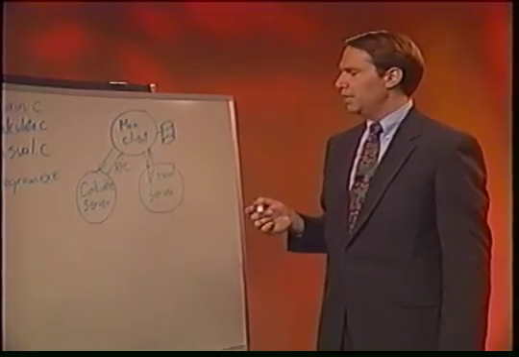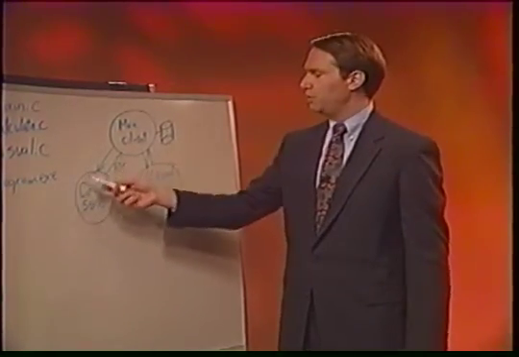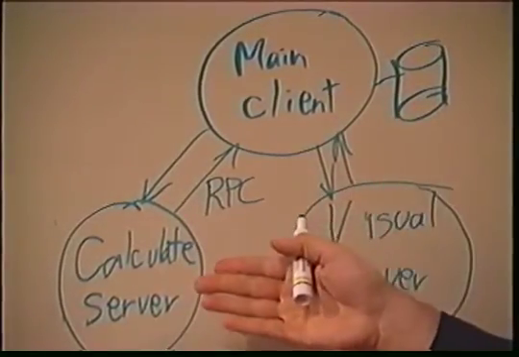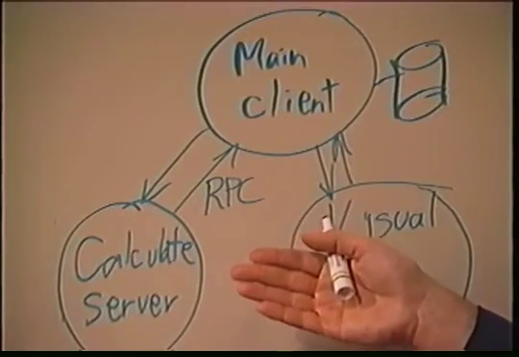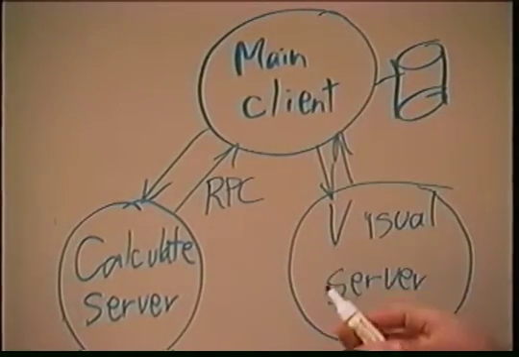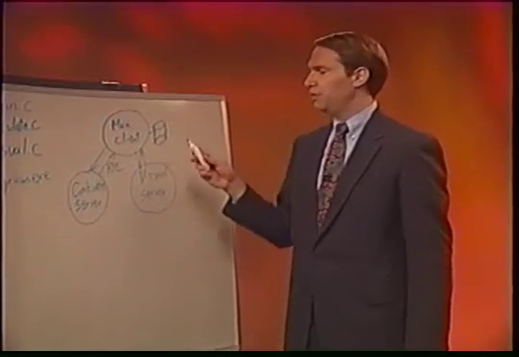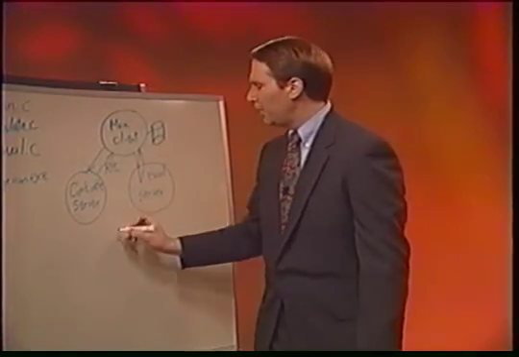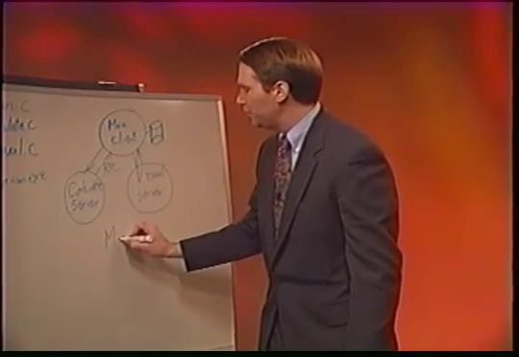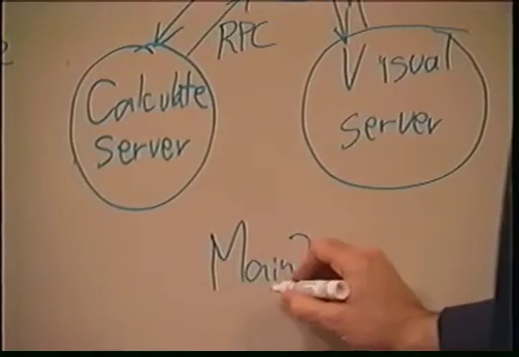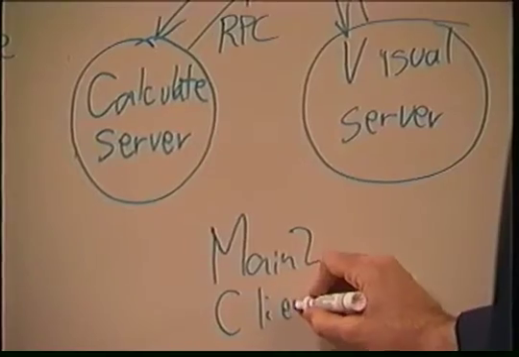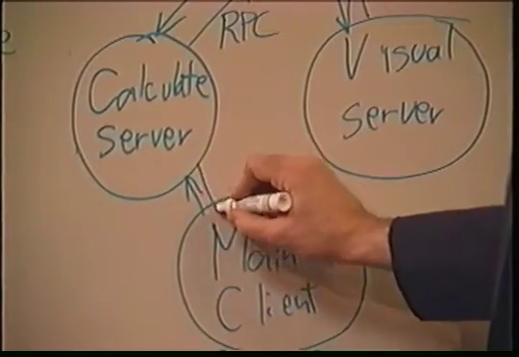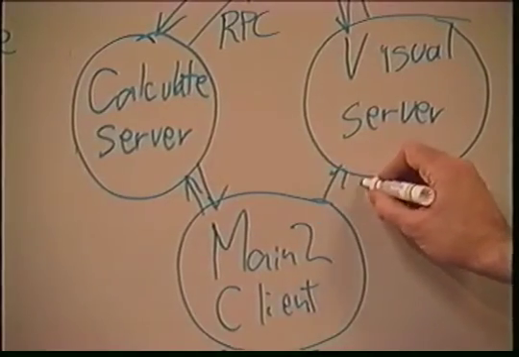For example, if I decide that I come up with some new algorithms for my server, what I could do is get rid of this old calculate server, bring in a new one, and not have to rewrite the other main components of my application. In fact, these might still be running on my system. In addition, I might create some new application. We'll just call it main2 client, which could also make use of these servers.